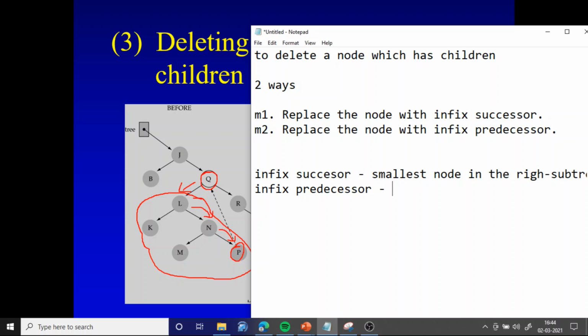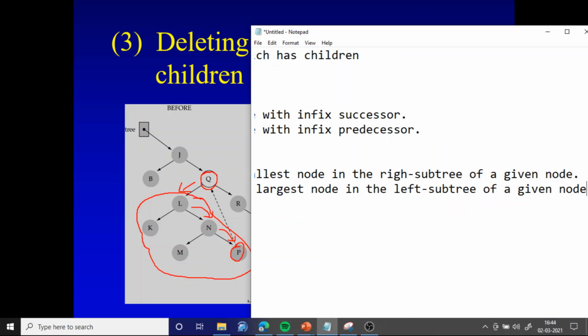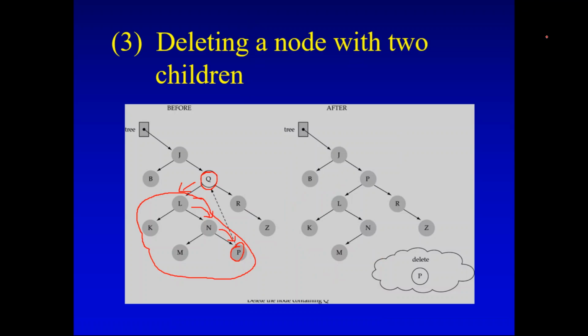It is the largest node in the left subtree of a given node. Here smallest in the sense the node with the smallest value, and similarly here largest in the sense the node with the largest value. So these are the two ways of deleting a node which has two children.